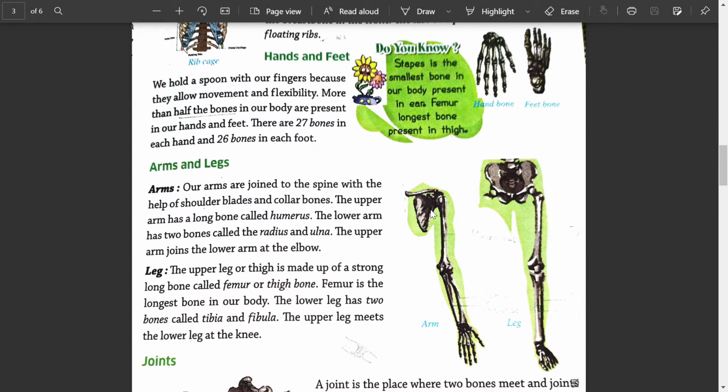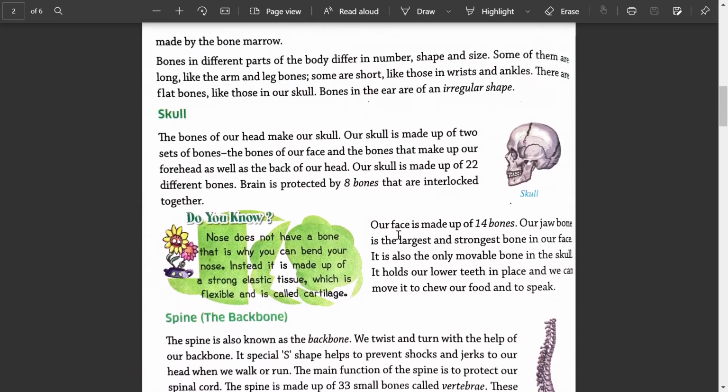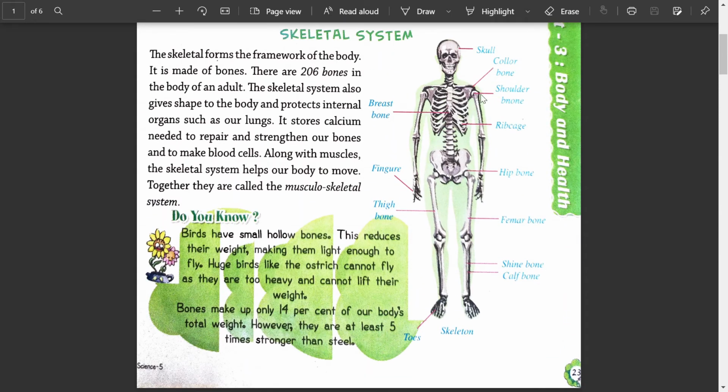If you see the picture of the skeleton, you can see our arms are connected to the spine or the backbone with this collarbone and the shoulder bone. Similarly, our leg is connected to the hip bone.